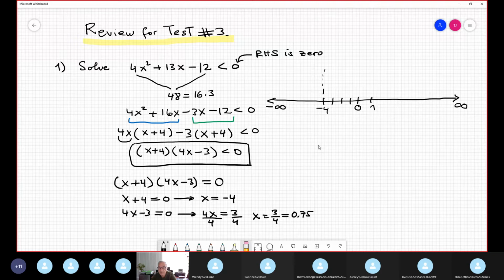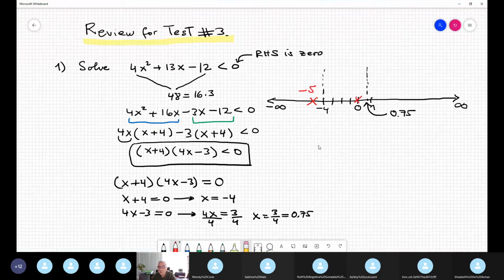I suppose that here is in between 0 and 1, close to 1 because it's 3/4, right? Approximately. Okay, this is the partition. This is negative 4 and this was 0.75. Now you select testing points. A good testing point is negative 5 maybe. Okay, 0 is super good and 1 is super good.